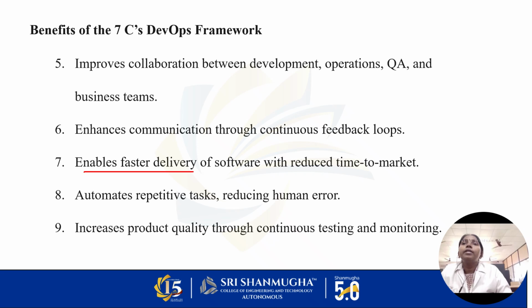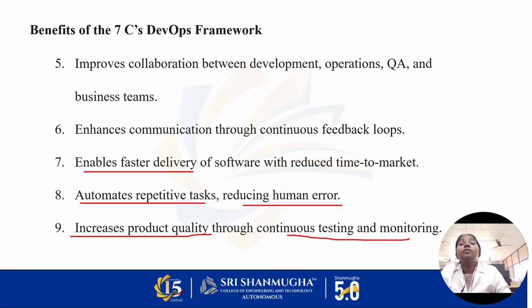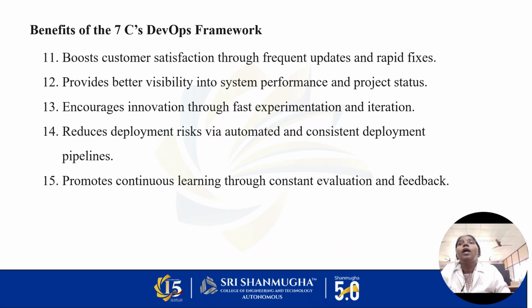Enable faster delivery of software with reduced time to market. Automates repetitive tasks, reducing human error. That is also one kind of main benefit. Increase product quality through continuous testing and monitoring, and boost customer satisfaction through frequent updates and rapid fixes.